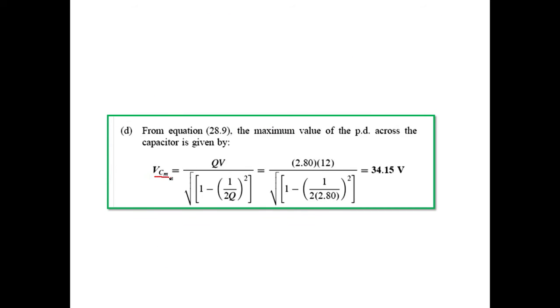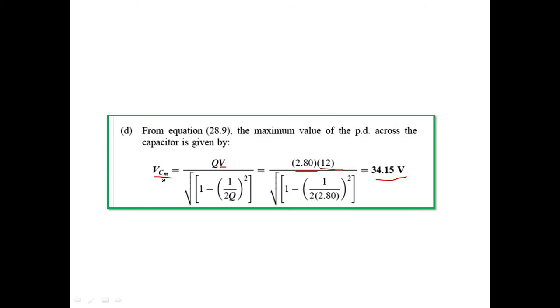With the quality factor 2.80 and the voltage 12, and 1 upon 2 into 2.80 squared, this is equal to 34.15 volt.